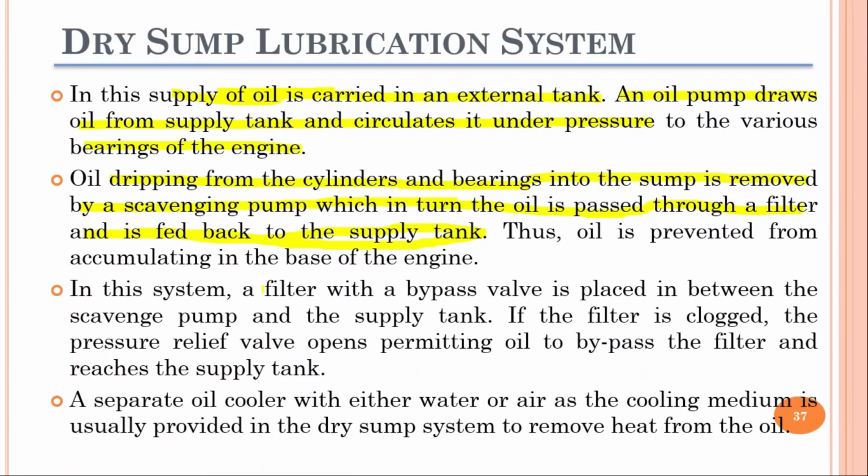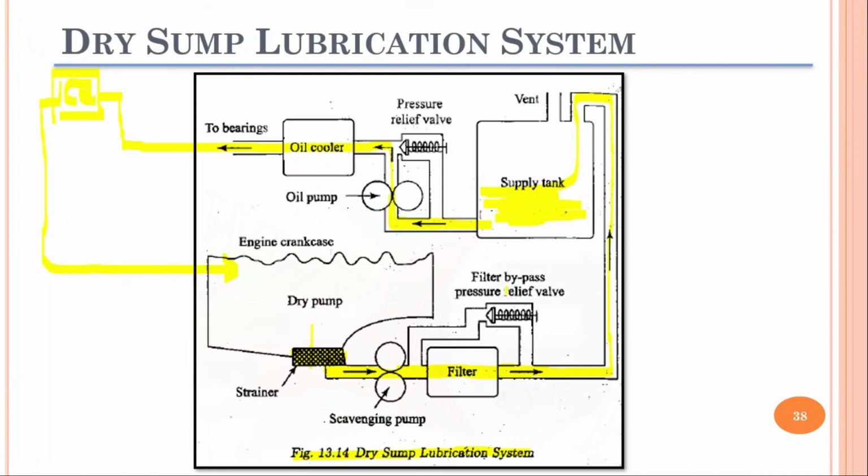In this system, a filter with a bypass valve is placed in between the scavenge pump and the supply tank. So the purpose of this filter bypass is that, for example, this pipeline would be completely filled with the lubrication oil, but since this valve is not open, it is not providing any lubrication oil.